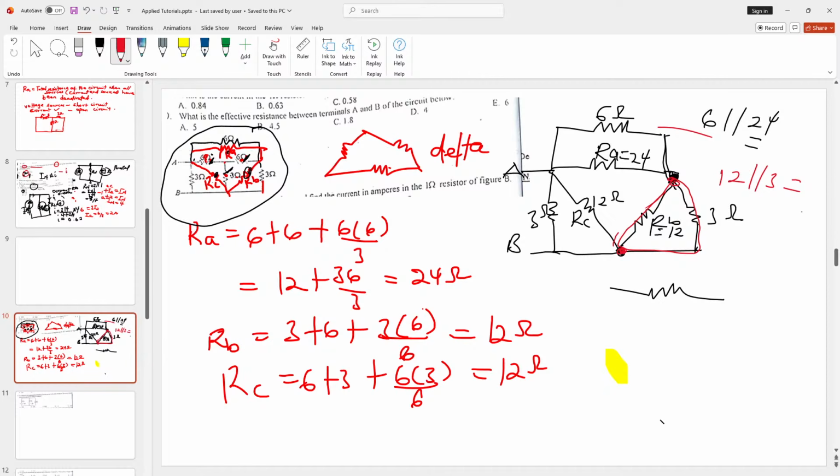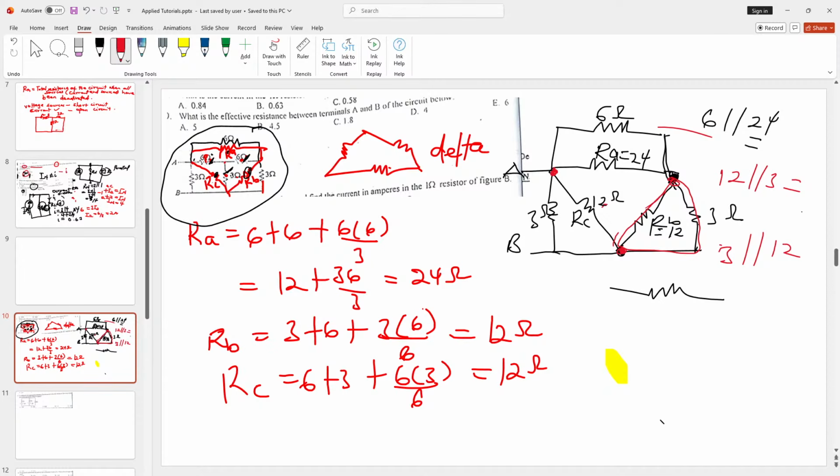And also this 3 here is in a parallel connection with this 12 here because they are connected to the same two nodes, and I can move through them without meeting any element. So I'm going to have 3 connected in parallel with 12. Okay, all right. So what's going to be the parallel combination of 6 and 12?